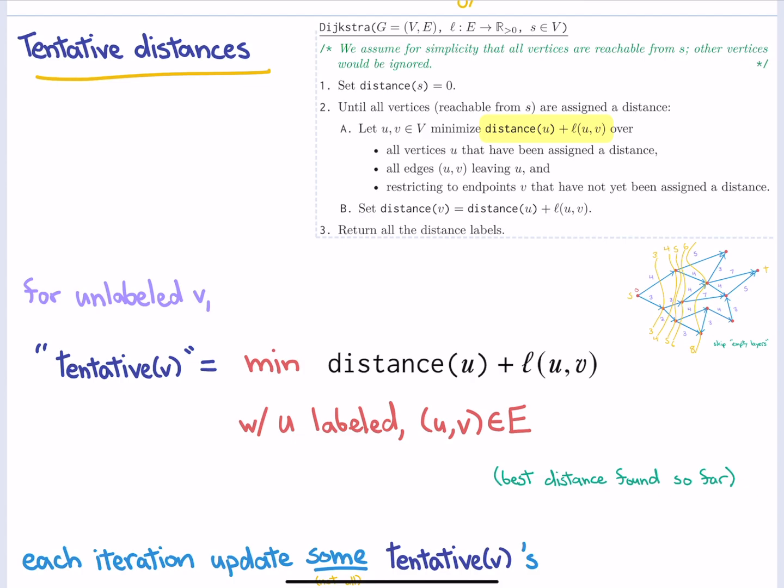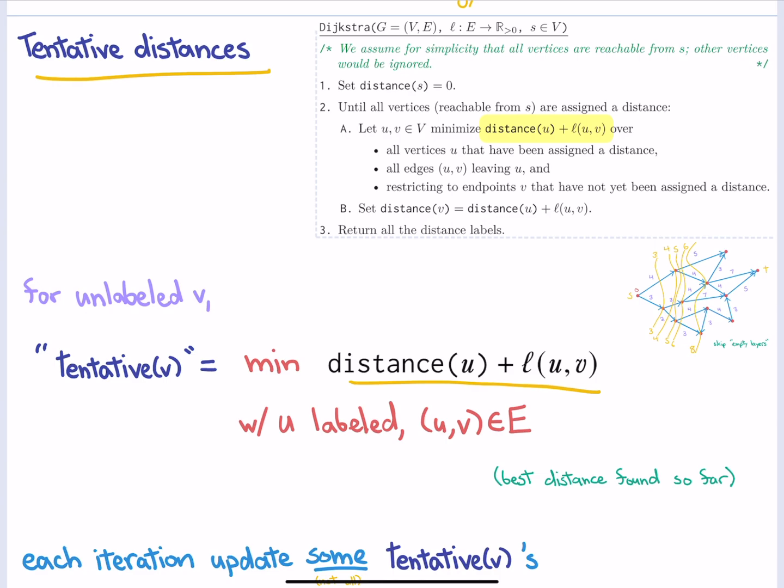So I'm calling that the tentative distance to a particular vertex. For an unlabeled vertex v, it's just the minimum of this quantity we're fixated on over all choices of u that have been labeled so far, plus the length of the edge from u to v. We haven't finalized it, but at any point in time, every vertex has some tentative distance. It might be positive infinity if there's no choice.